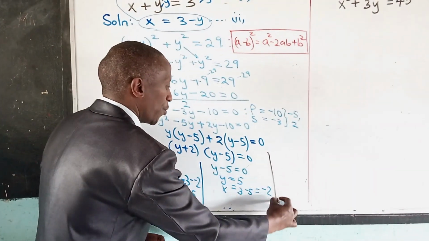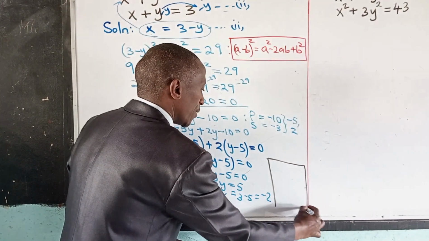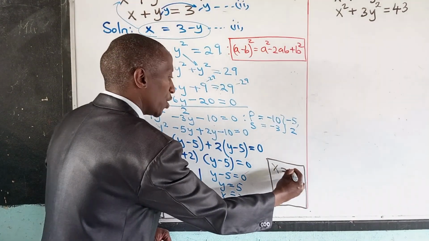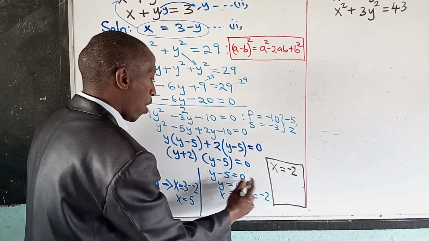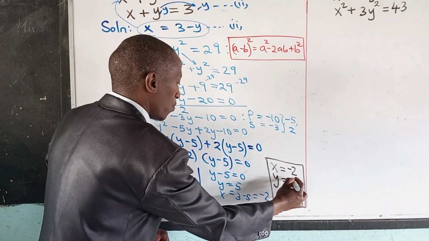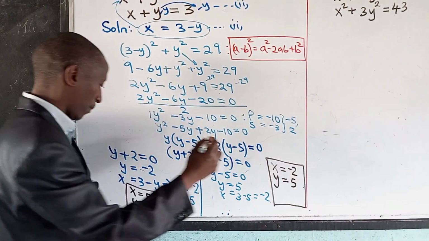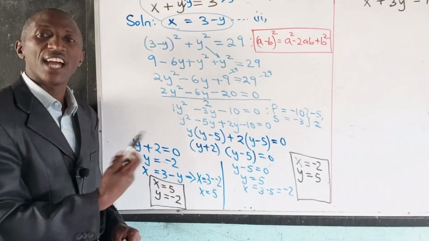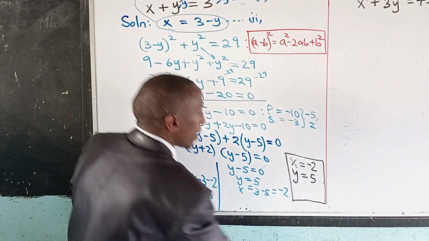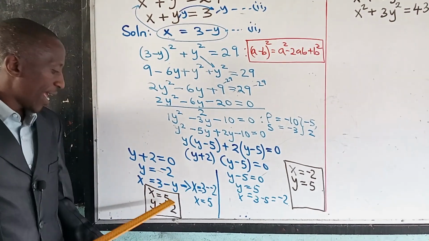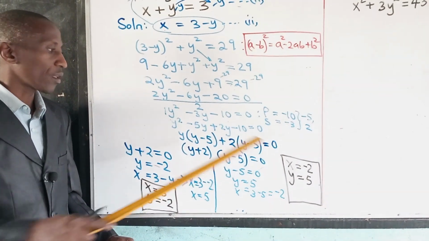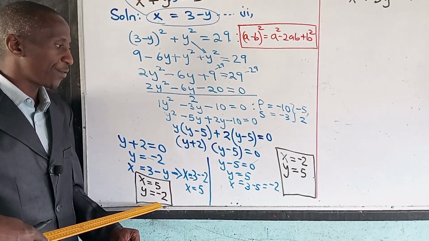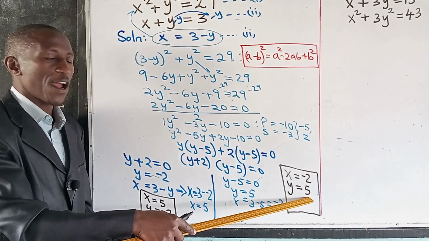And in another portion of our answer space, we show when x is equal to negative 2, then our y is equal to 5. Now, viewers, these two sets of answers are different. When x is 5 here, x is negative 2 here. When y is negative 2, y is 5 here.